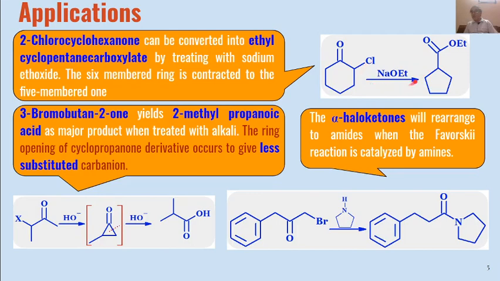And in place of sodium hydroxide, if we use sodium ethoxide as the base, then the product formed is an ester instead of an acid, because here the base which will attack the cyclopropanone intermediate, which is formed by elimination of this proton and this halogen to give us this type of cyclic intermediate, cyclopropanone derivative, then the base will attack that cyclopropanone derivative, and here the base, instead of hydroxide ion, is ethoxide ion.